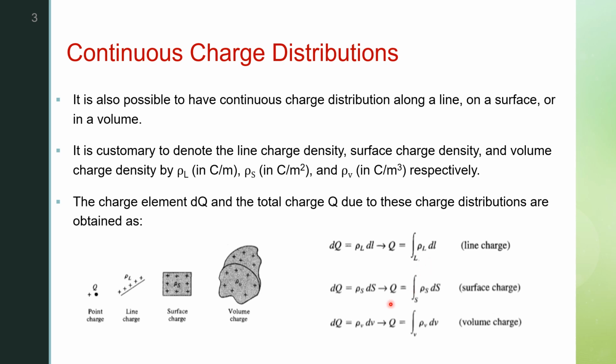And how will you compute the total charge in a surface area? That is Q is equal to integrating over the entire surface, rho s ds. And the total charge in a volume, that is Q is equal to the integral over V of rho v dV.